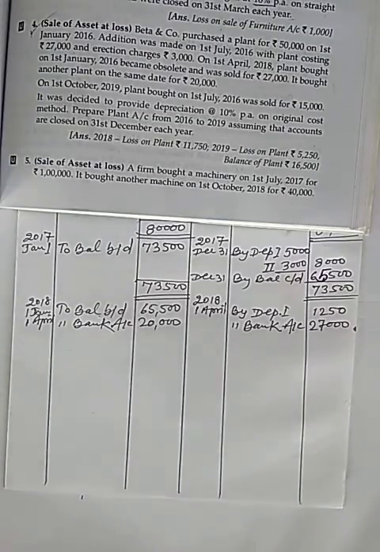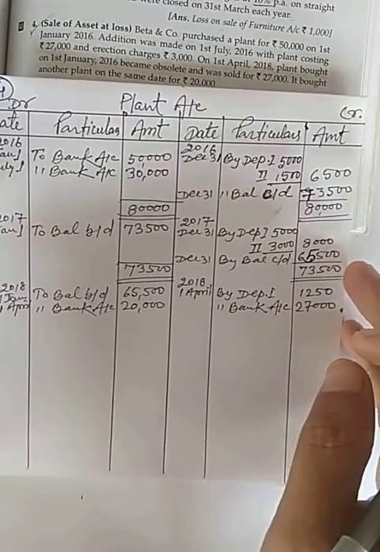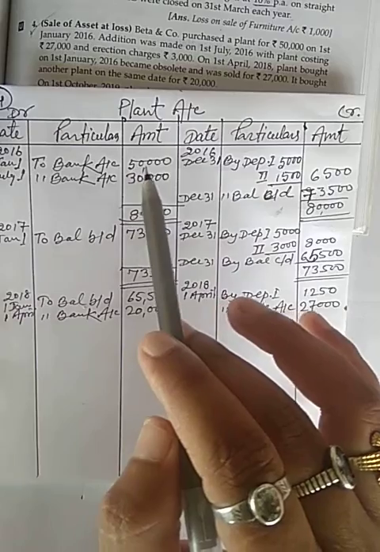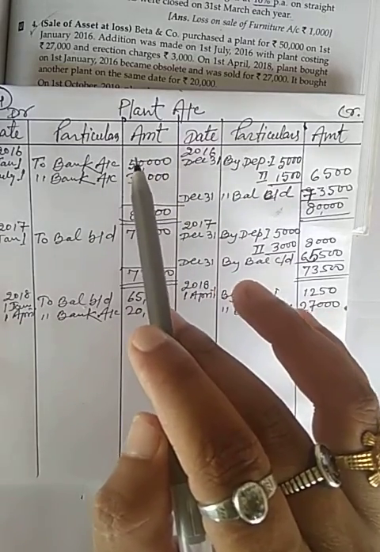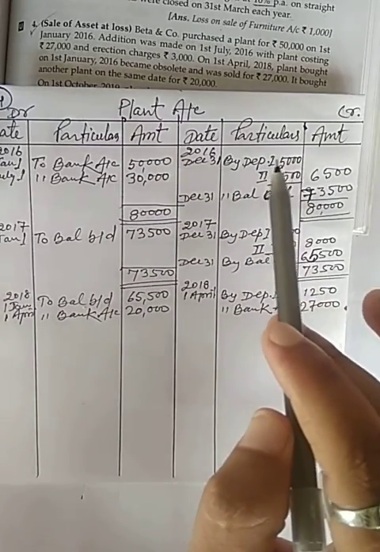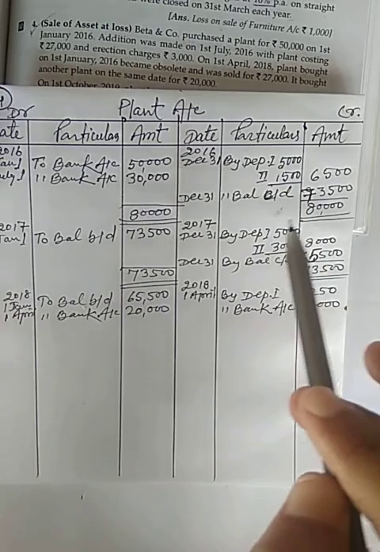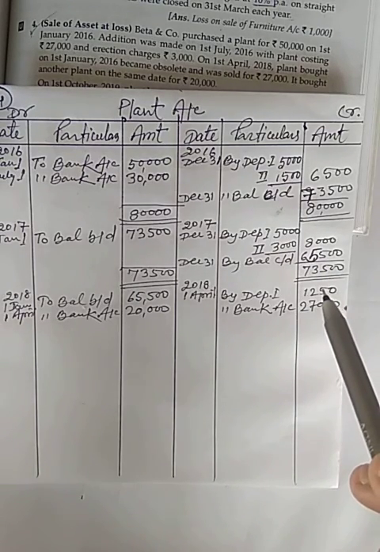So let us see the calculation. You can see I have purchased plant cost of 50,000 and total depreciation charged 5,000 in first year, 5,000 in second year, and 1,250 in third year.